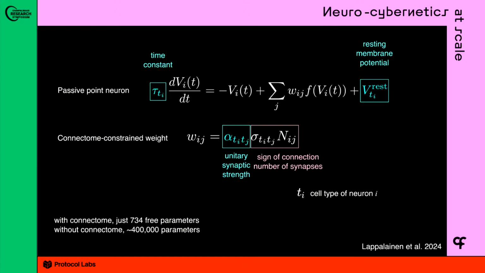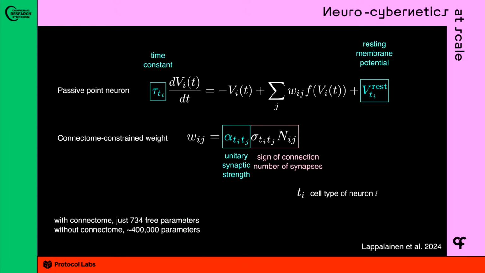So the cool thing is, now this model, instead of having millions, actually, it should be about 2 million, at least, free parameters, which would be the case if we had trained a deep neural network in this way and had to estimate the weights. Here, because we know the weights and instead don't know the biophysics, we only have 734 free parameters because we share them by cell type. So it's a massive reduction in the number of parameters.